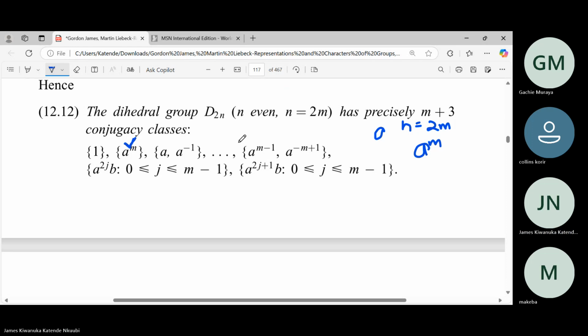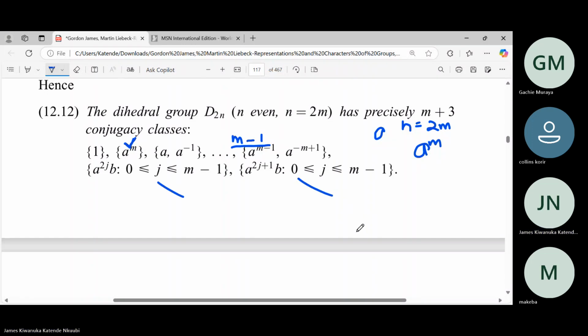Then you have m minus 1 elements on this side. Someone has dropped out. So you have m minus 1 elements here, plus these 2. And then there are 2 others, this one and this one.